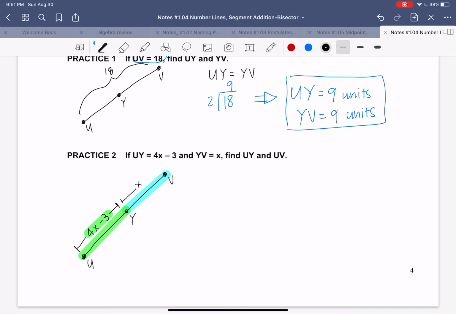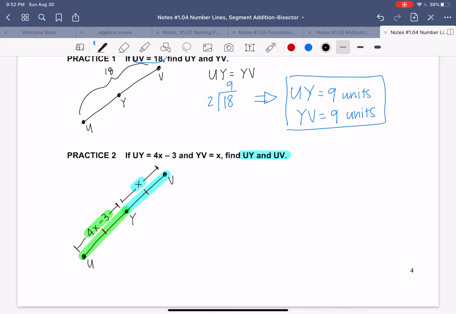Okay, and it says find UY and UV. Well, let's go back to the segment bisector. It splits it in half, so it creates two congruent segments.